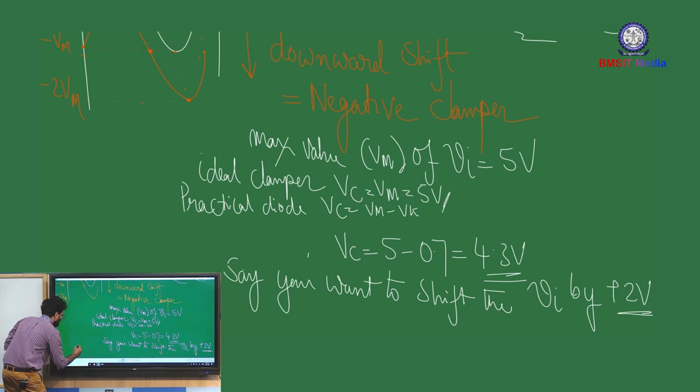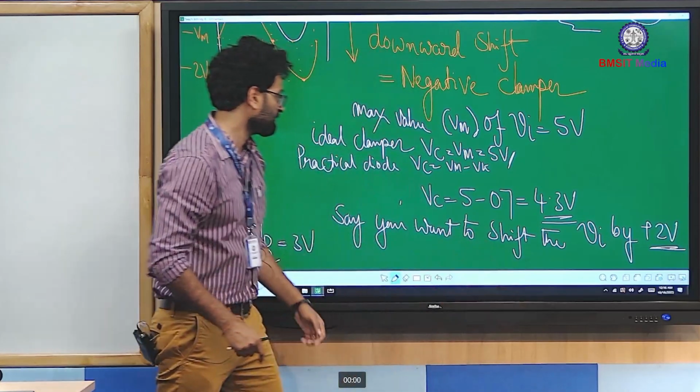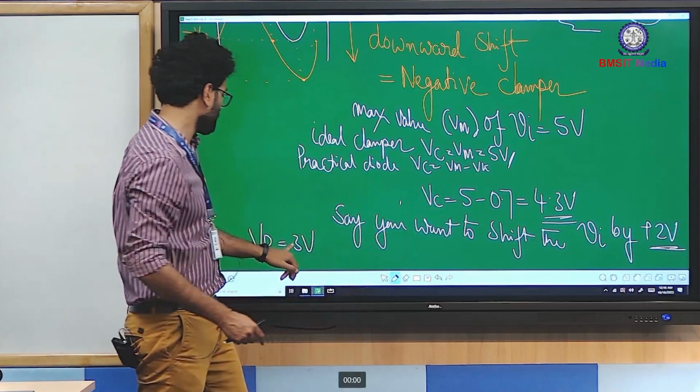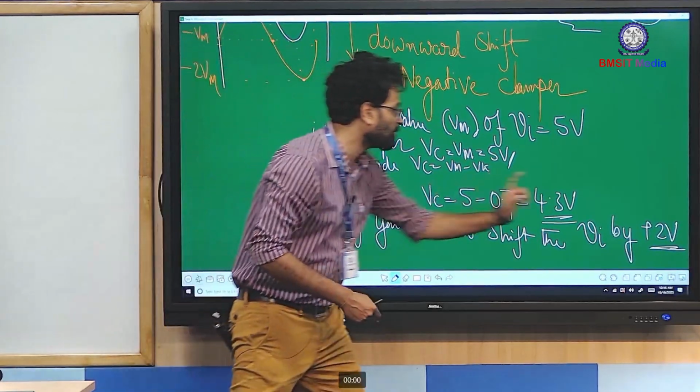So you have to use an additional DC source of 3 volts in such a way that you get a shift of 2 volts. 5 minus 3 gives you 2 volts.